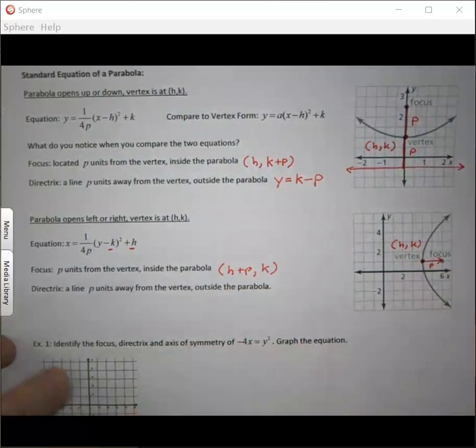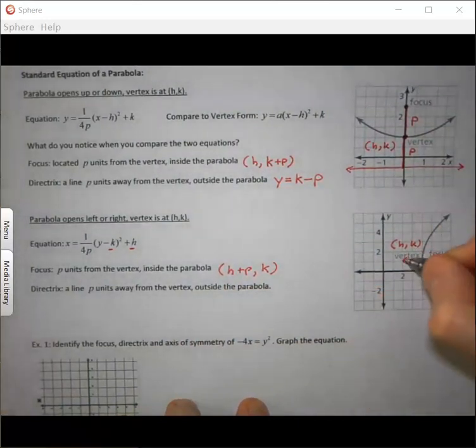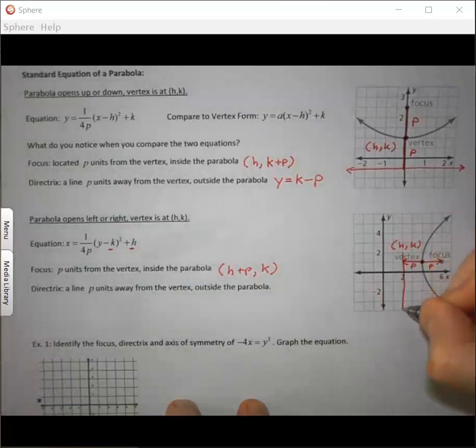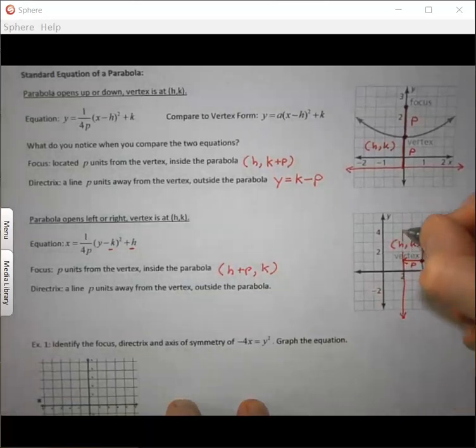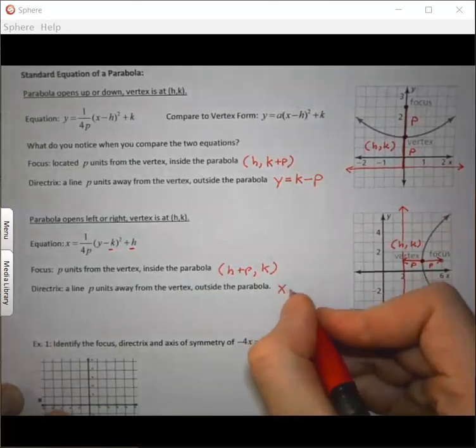And then similarly, the distance p in the other direction will get us to our line, our directrix. And then we need to remember that the equation of a vertical line is going to be x equals a value.